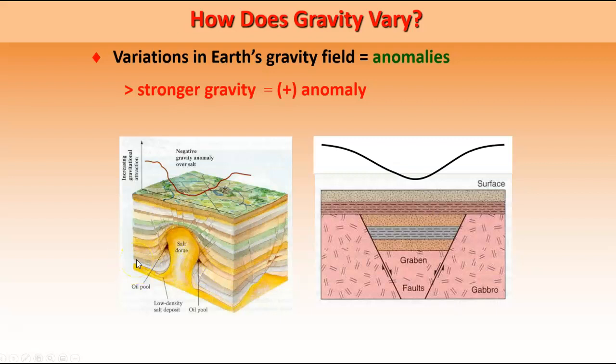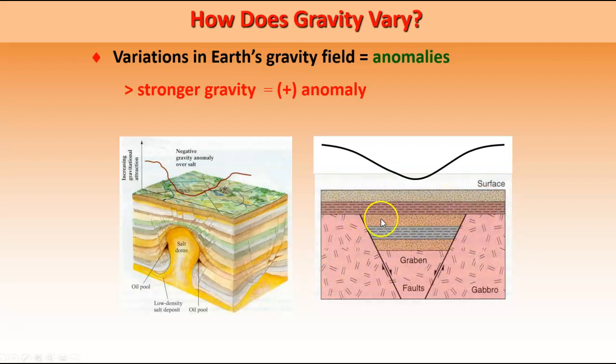So these big salt deposits are mobile inside the crust. They can move up and distort the rocks around it, but they're not very dense, so they might show up as an anomaly. Or here where we have some old buried faults, because the rock that filled this kind of depression is a lot lighter than the rocks around it that are very hard, like granites or things like that.